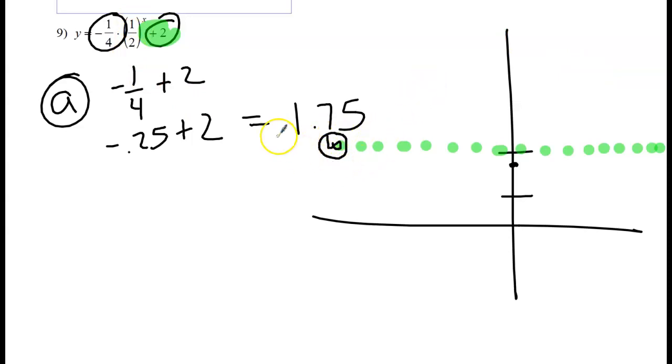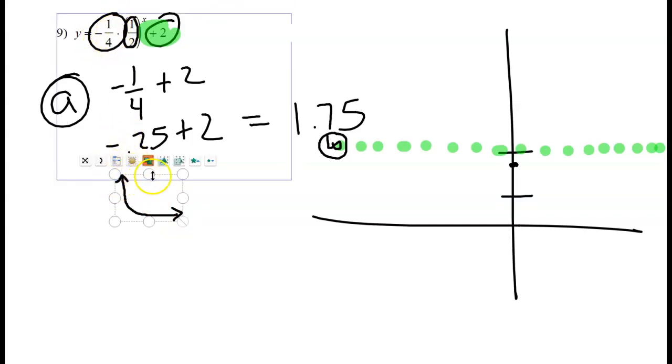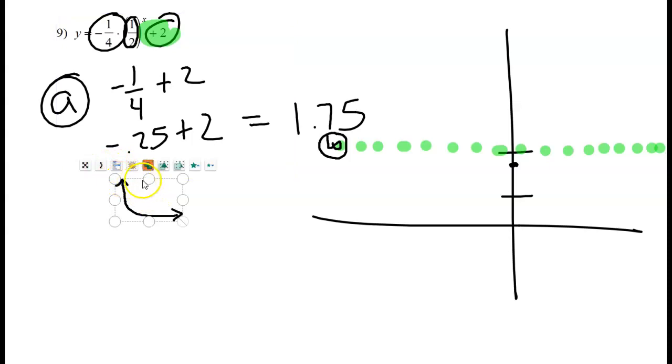Now we're ready for part C. On part C, I'm noticing that my b value is less than 1. So that means that typically my graph would be up on the left and flat on the right, like that. But notice that my a value is negative, and so that's going to get flipped upside down.